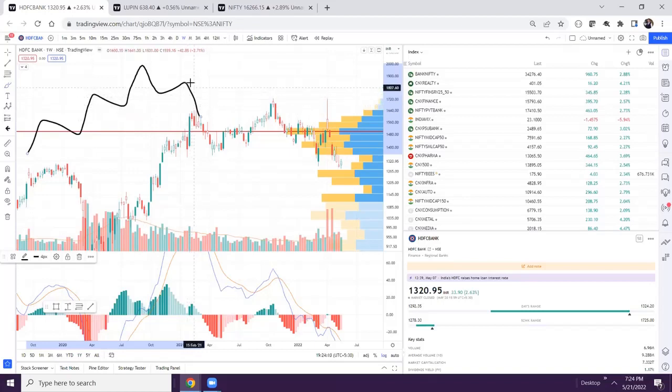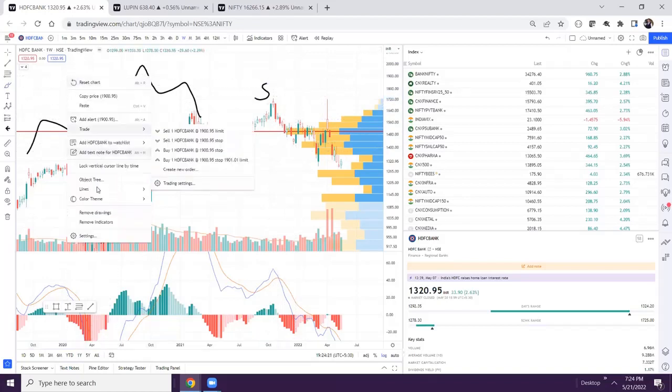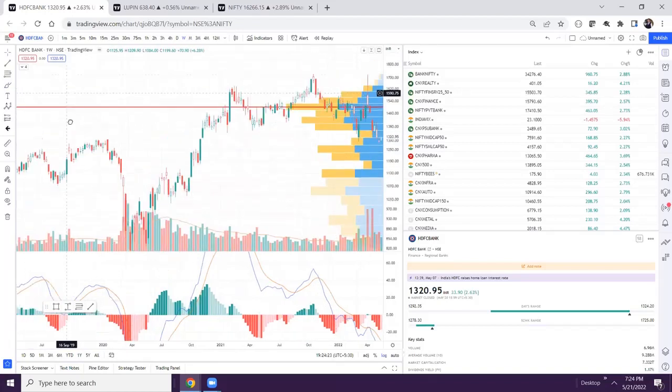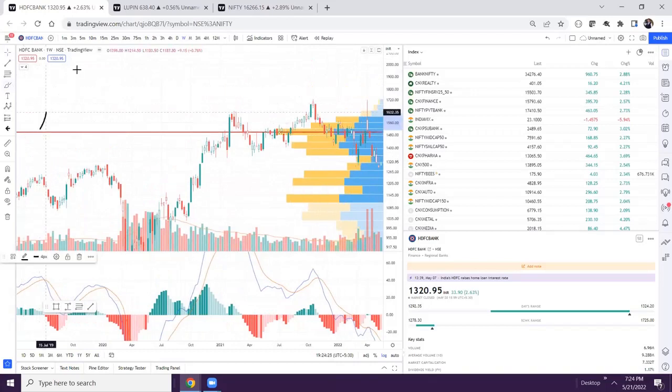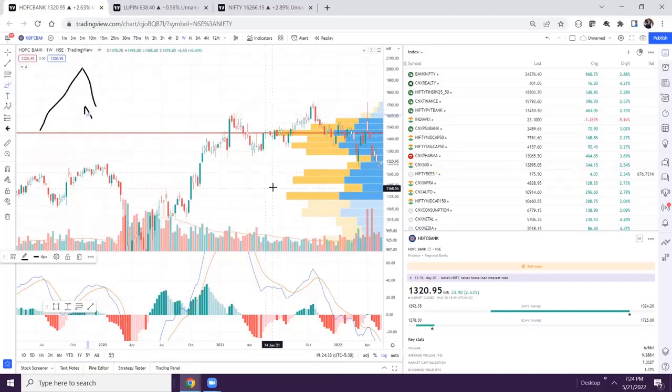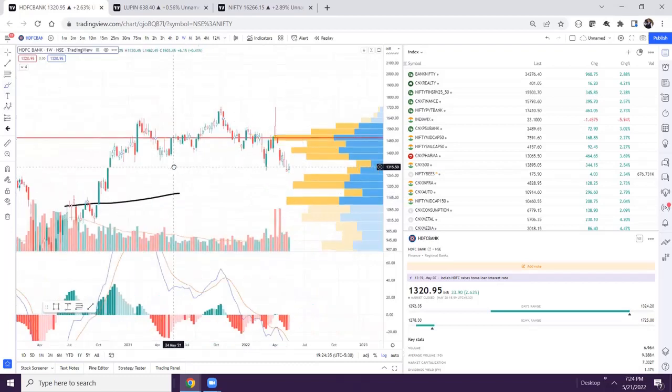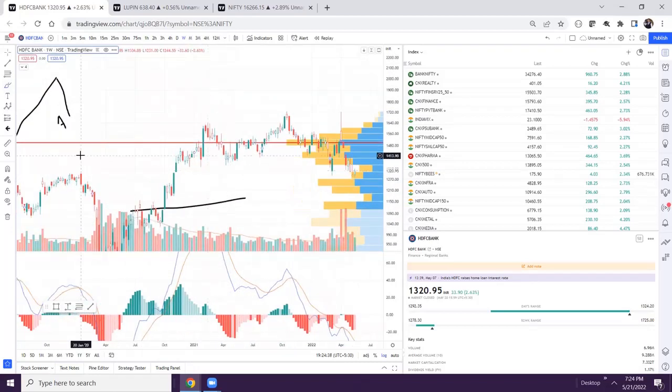So if this is the fifth, then we are expecting one A move. At the start we understood three patterns: there is an impulse, then there is one down fast move, A. If you're not understanding this, you can ask me here only.